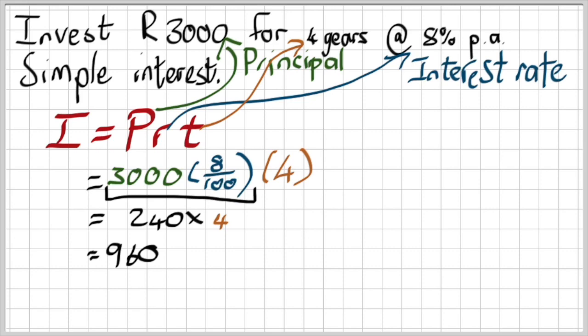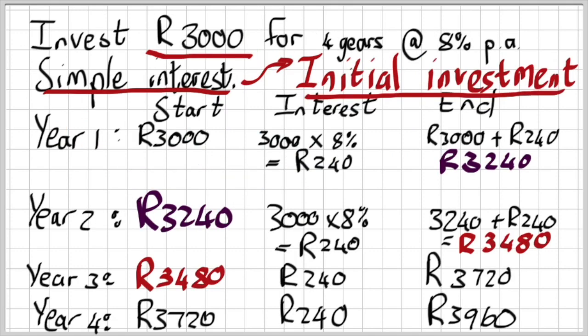So that gives me a total amount of interest of 960 rand, which is, ladies and gentlemen, just basically saying, there I've got P times R times T. Every one of these is P times R. And because there are 4 years, I'm going to say the 240 times by 4 years.